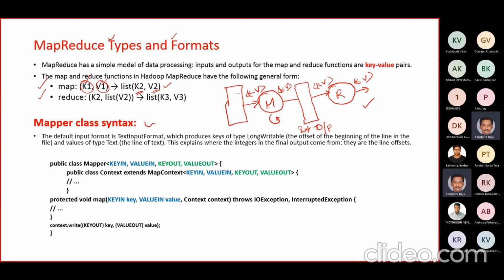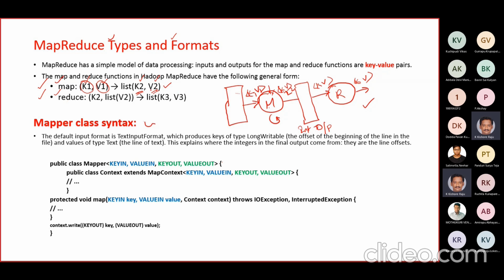The k2 v2 are the output key value pairs of the mapper, and k1 v1 are the input key value pairs. So this is the map function.